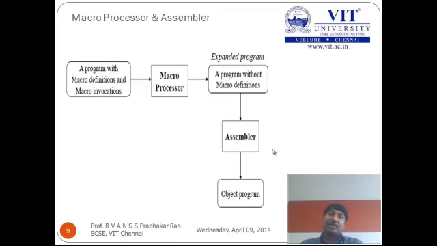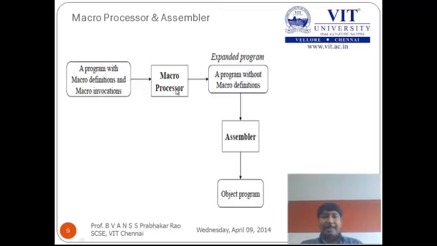Then the macroprocessor simply expands the given assembly language program or high level language program without macros. The macroprocessor receives a program with macro definitions and expands it without macro definitions, so that this will be supplied to an assembler.